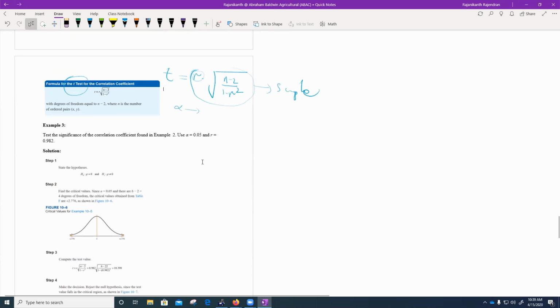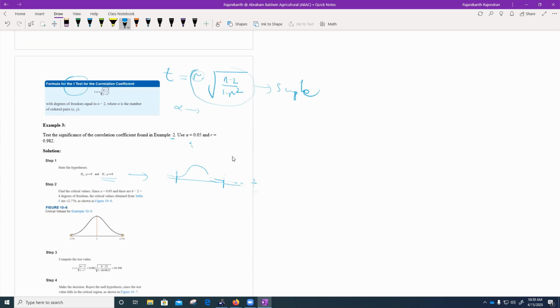If you do this hypothesis testing for the same example we are working on, test the significance of the correlation coefficient found in example 2, for alpha 0.05. Looking at the hypothesis, my alternate has a not equal sign, therefore this is a two-tail test using the t distribution.